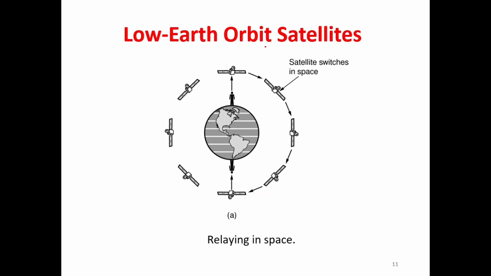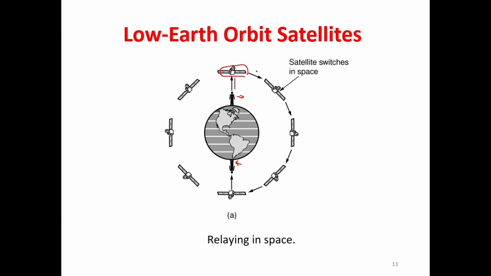But with this LEO, suppose this is the sender and this is the receiver. One message needs to be passed from the sender to the receiver. How is the message passed? The sender sends the message to the nearest satellite to the sender, which is this satellite.